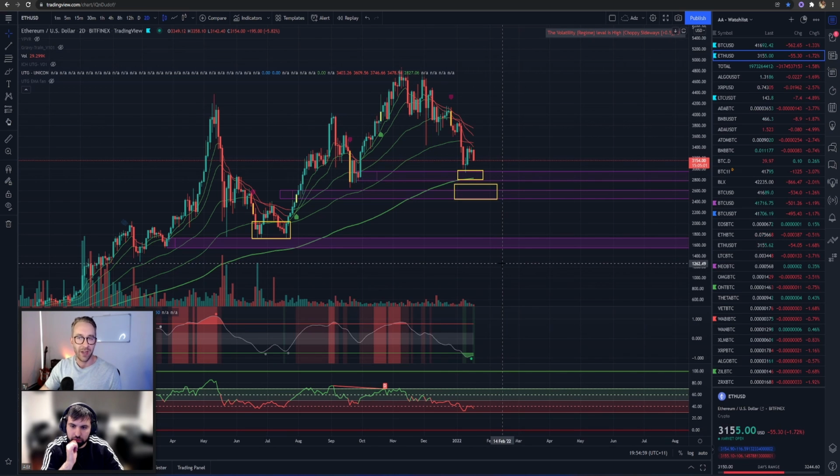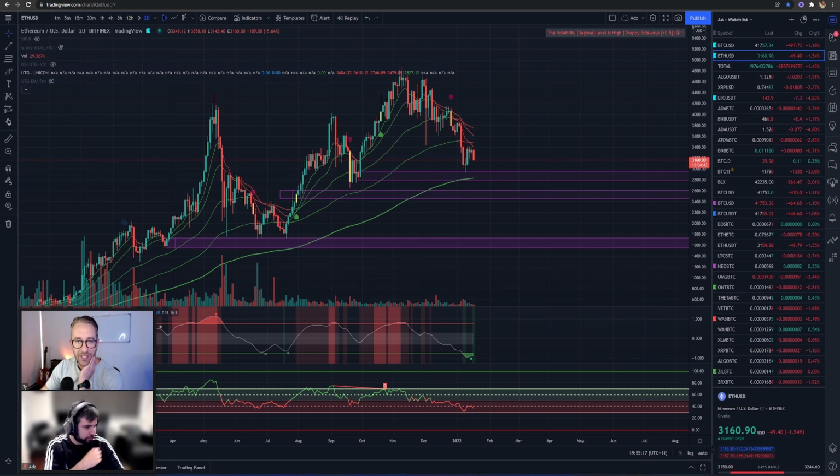If we traded below like $2,200, $2,000 Ethereum, I'd probably start to get a little bit concerned, to be honest, because that would probably take Bitcoin down into the 20K or high 30K regions. But certainly as it stands right now, this is a significant level for me for Ethereum, and that's where I'll be looking to take my next potential pickups.